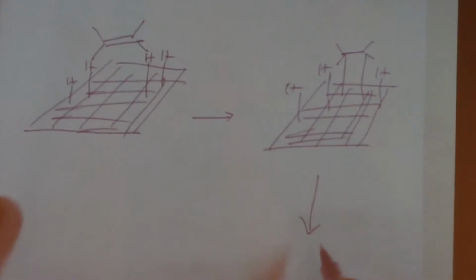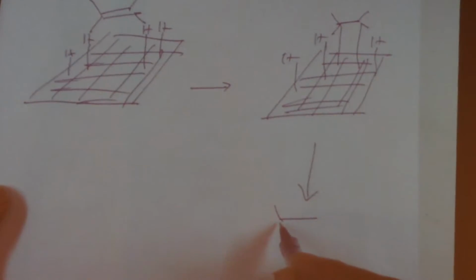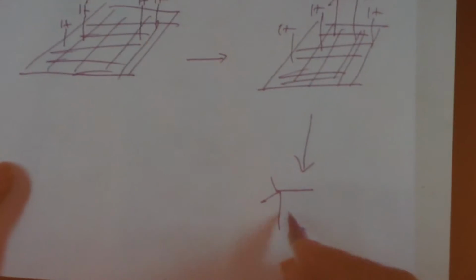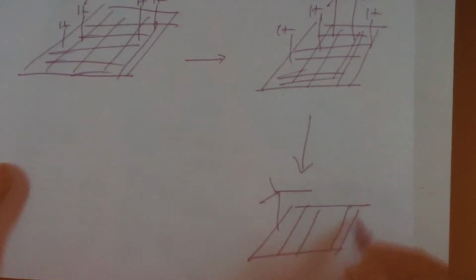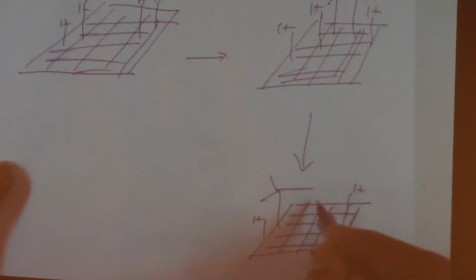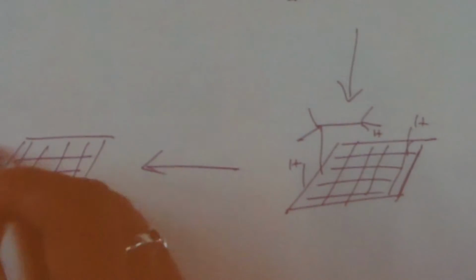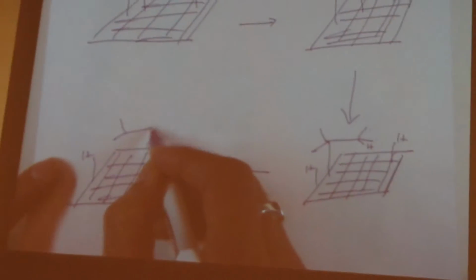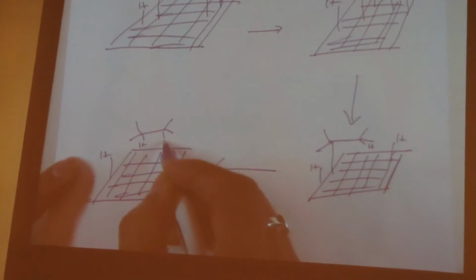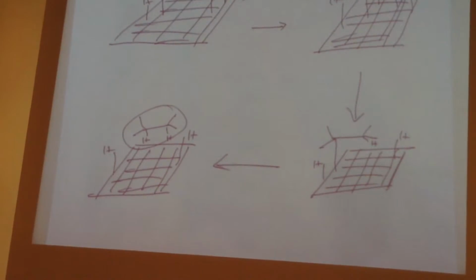Following which, the hydrogen can be added to one of the places, then the other. So now the product can be released from the metal surface.